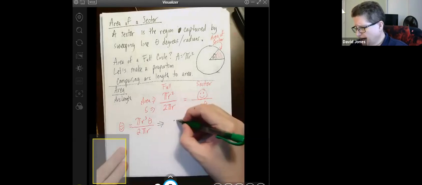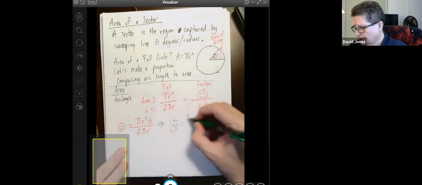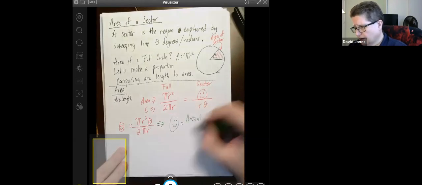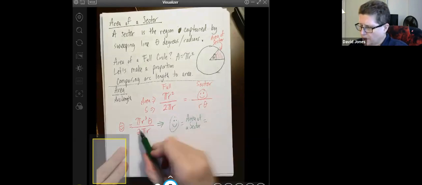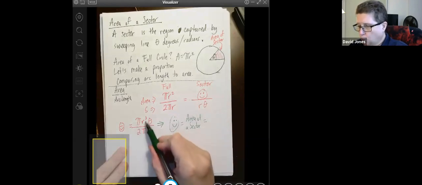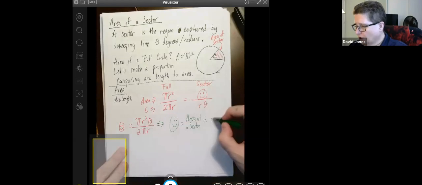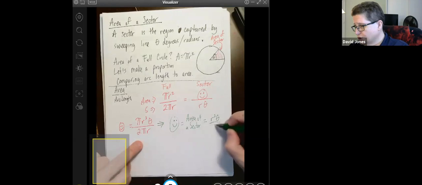So smiley face, which is the area of a sector, we've got r squared theta over 2.